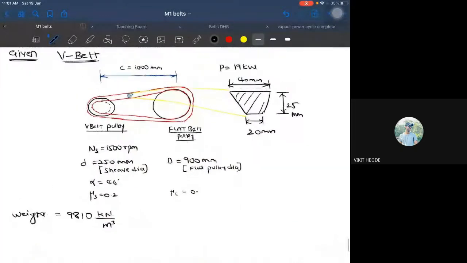Okay, done. Next, the allowable tension in the belt is 1000 N. Allowable tension in the sense it is the design tension, that is 1000 Newton. So this is all the data we have. Determine the number of belts, again the same old thing.